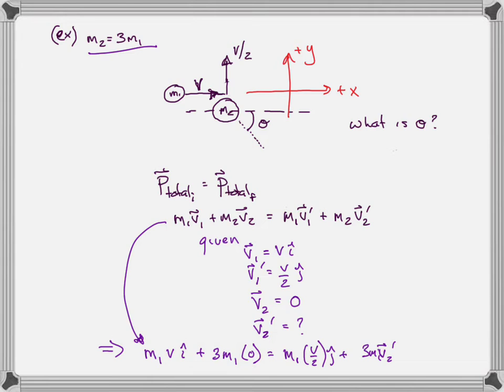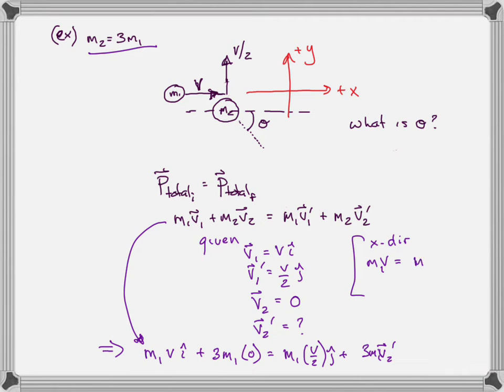Again, you can look at this as a vector equation with i's and j's, or we could have separated it into an x equation and a y equation. In the x direction, the initial momentum is m1 v, and the final momentum is m2 v2x, because m1 has no x momentum after the collision but m2 does.